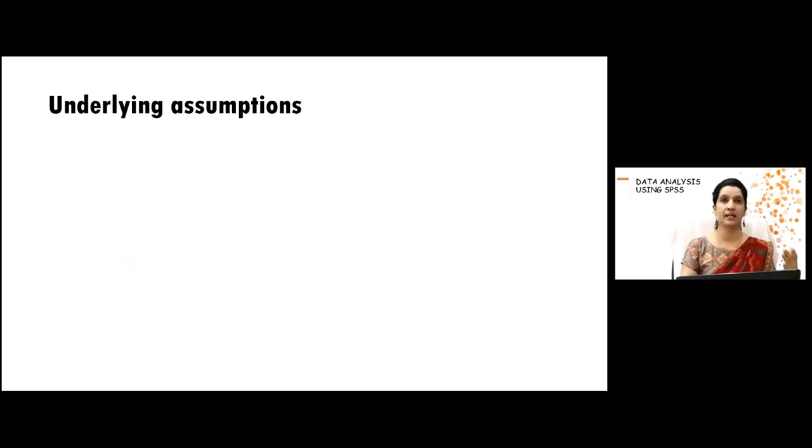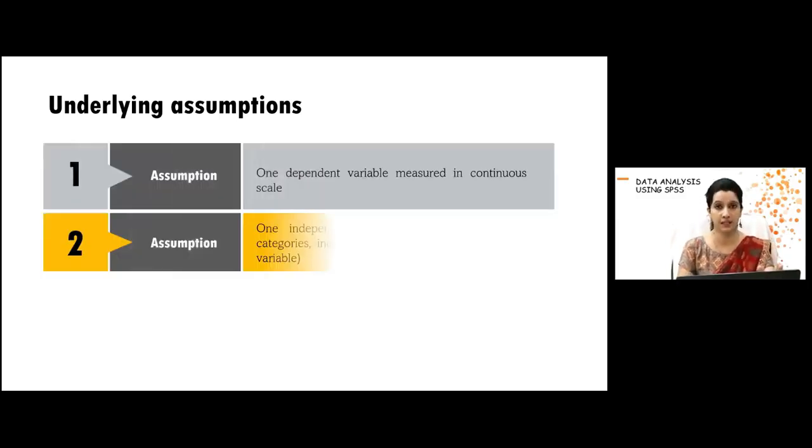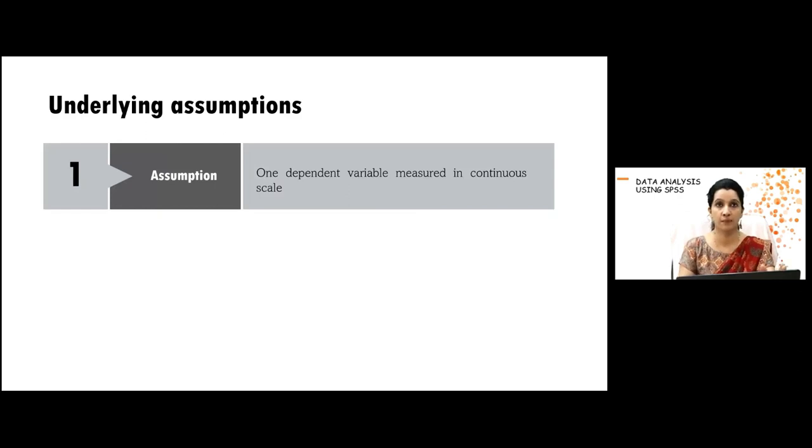Again, like you saw in the one sample t-test, there are a few underlying assumptions of this independent sample t-test also, but there are two more concepts which we will learn here that are different from the one sample t-test. The first assumption is that there should be one dependent variable measured on a continuous scale.